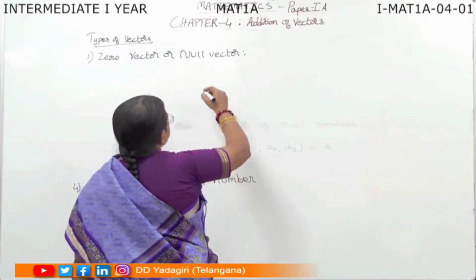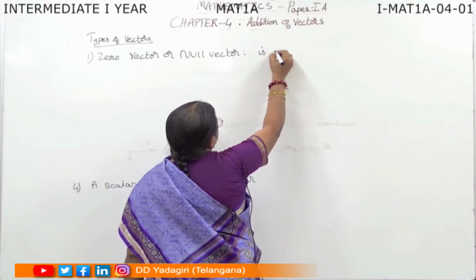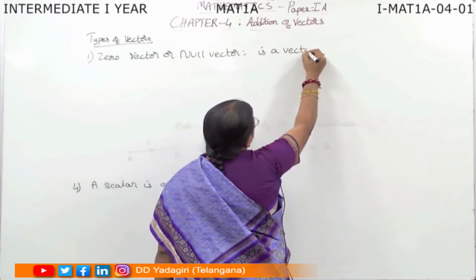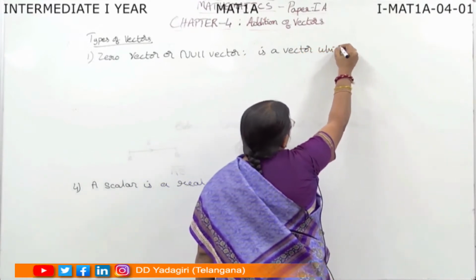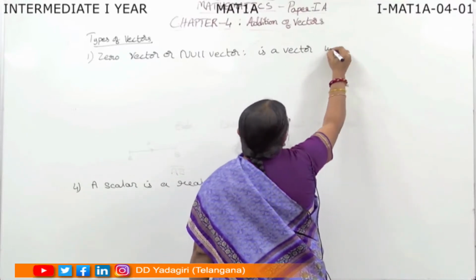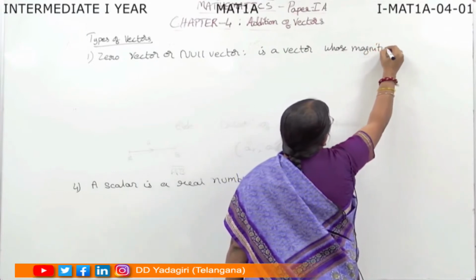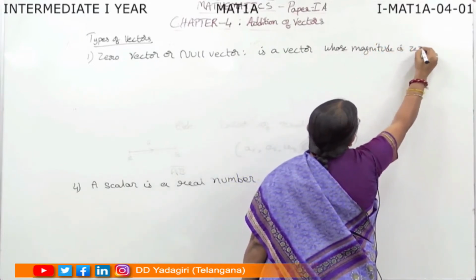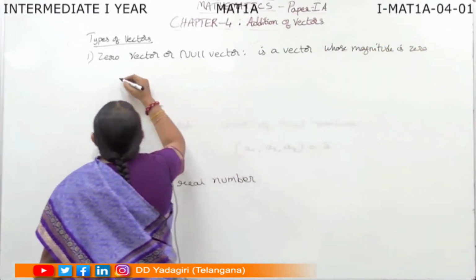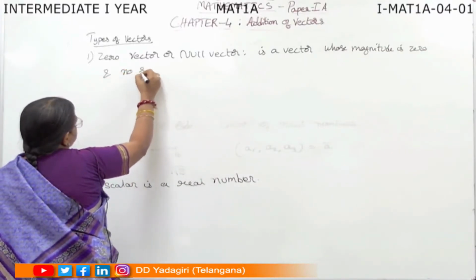Okay, so a zero vector or null vector is a vector whose magnitude is 0 and which has no specific direction.